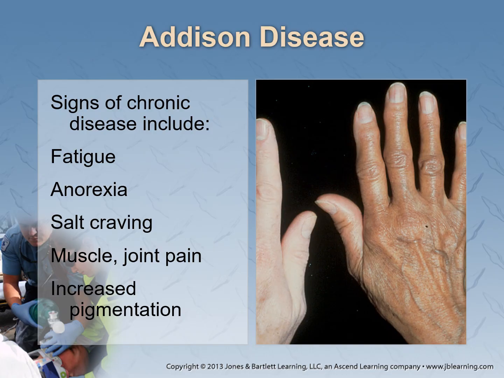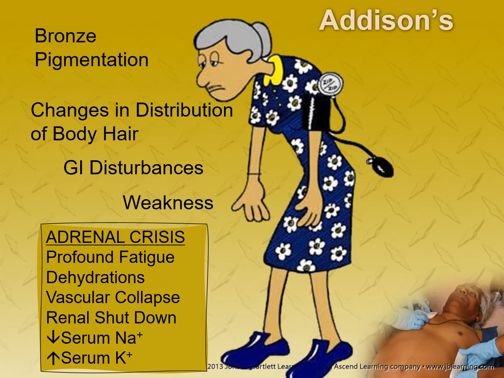Fatigue, anorexia, salt craving would be another one that they would have, which kind of makes sense. Muscle and joint pain, and then that increased pigmentation. And here's yet another way to say the same thing. This one has changes in the distribution of body hair, and then the GI disturbances we talked about.